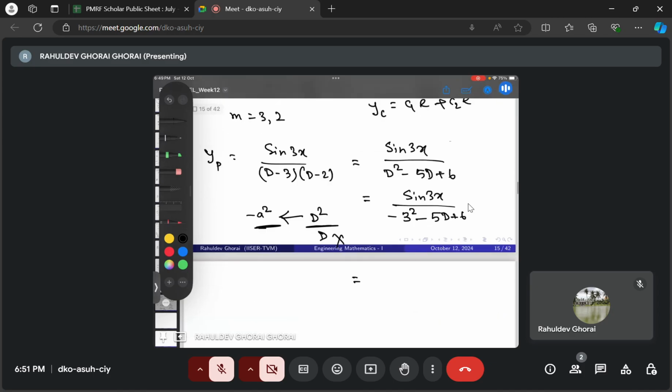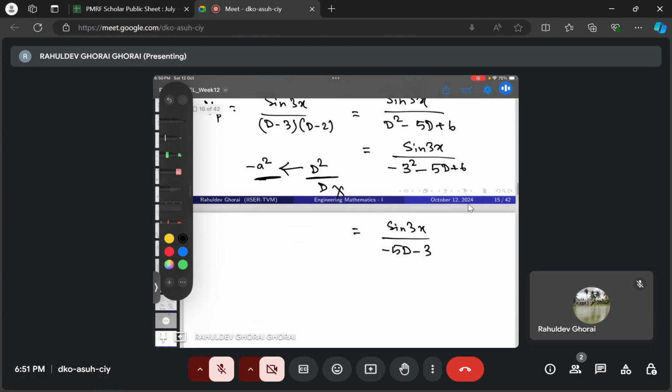So that gives sine 3x over minus 9 plus 6, minus 3, right? So minus 5d minus 3. So now you don't have any d square type of terms.